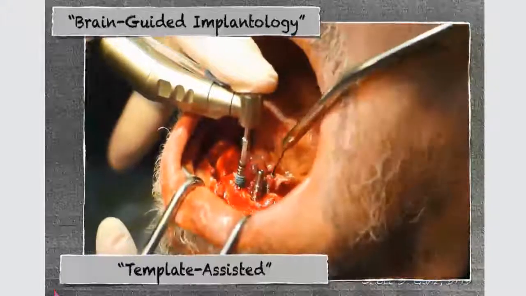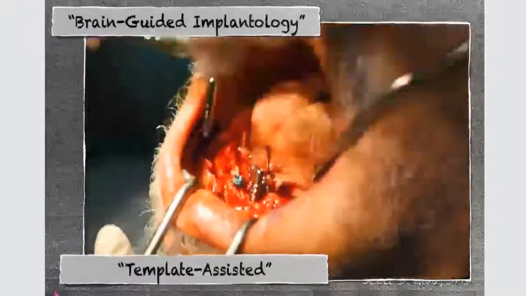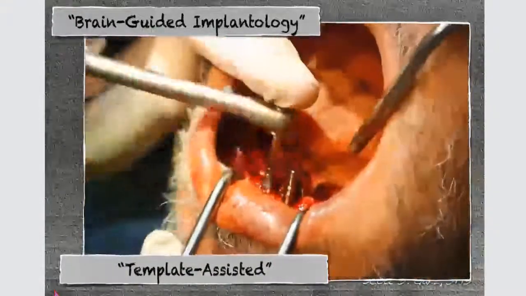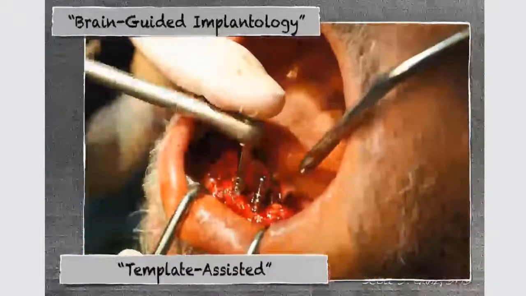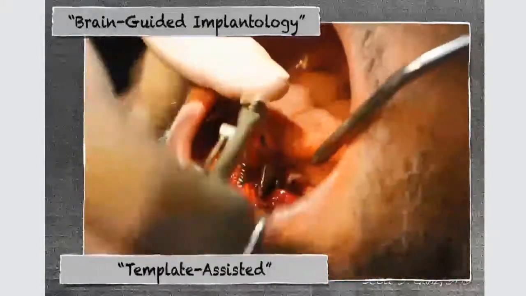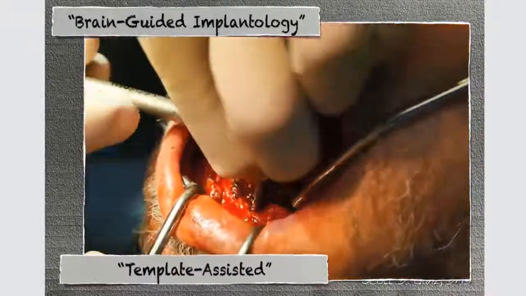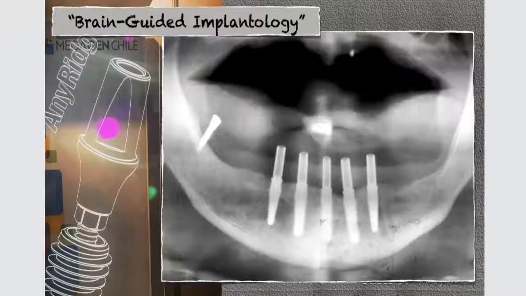And so you want to make sure that you have total control, and you notice my finger is on top of the drill itself as it is guiding the implant in, and then we're going to torque the implant into place. Now, if we're going to plan to do an immediate restoration, which we did for this particular case, is it the torque itself that's going to give you the confidence to load this case, or does something else have to happen? Is there another device that we want to use?